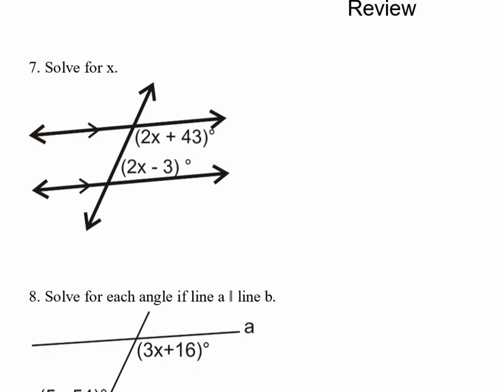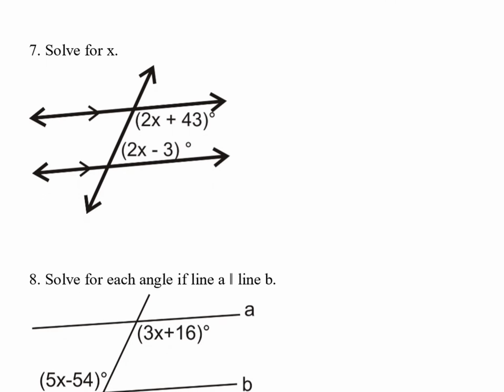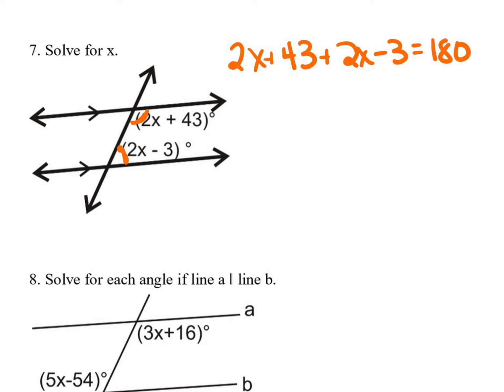All right, number 7, something like this. I need to see that relationship, which is same side interior. They are supplementary, so both angles add up to be 180. Okay, combine like terms. 2x and 2x is 4x. 43 minus 3 is 40.